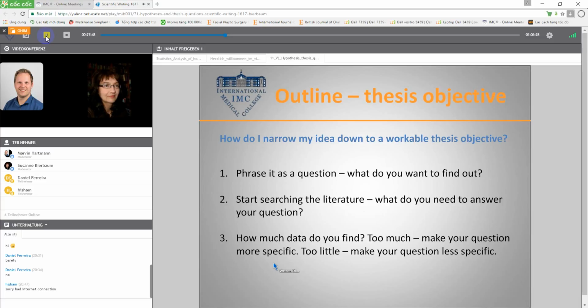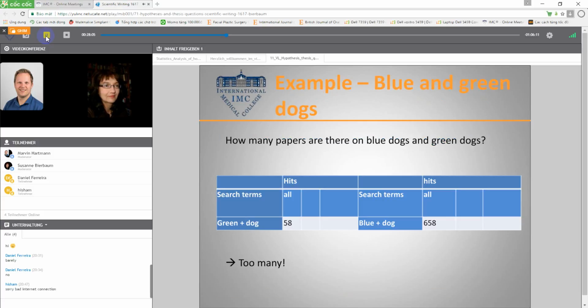And it's difficult to say that clearly, because it always depends very, very much on the individual subject. But if you see about searching, you remember the search strategy which we talked about, and that can be used very, very nicely to actually figure out what exactly am I going to look at here. Because then you say green dogs, blue dogs, or conventional implants, zirconia implants, titanium implants, whatever you are looking at, see how much you find.